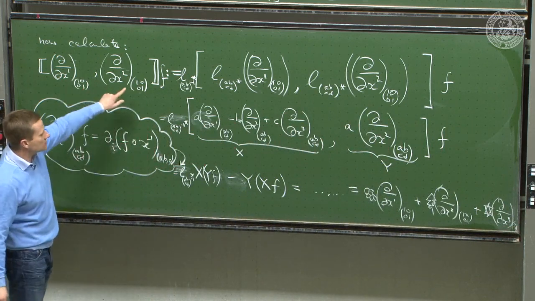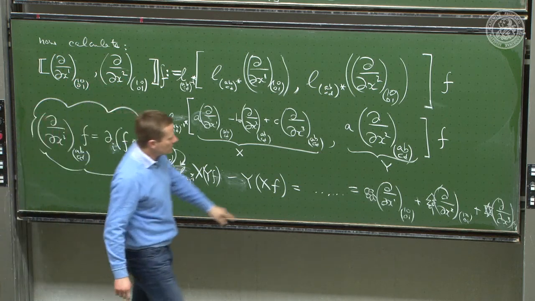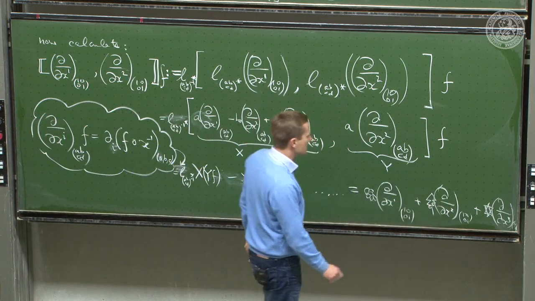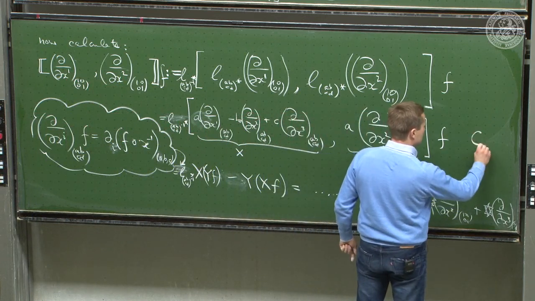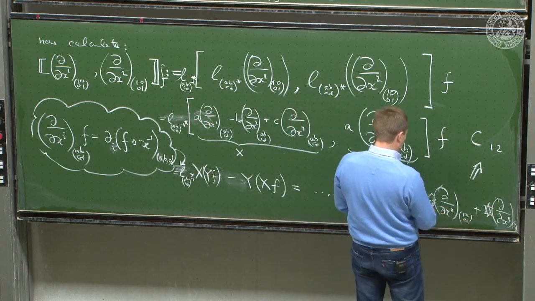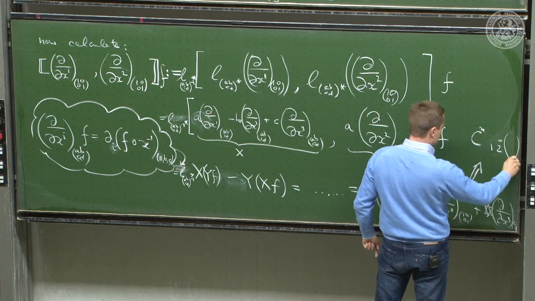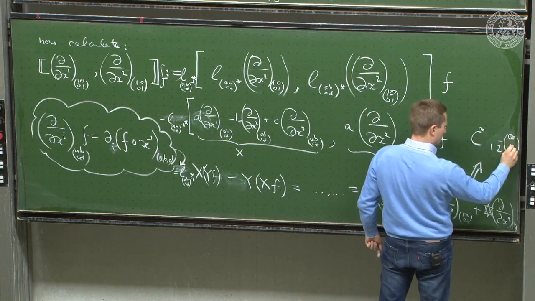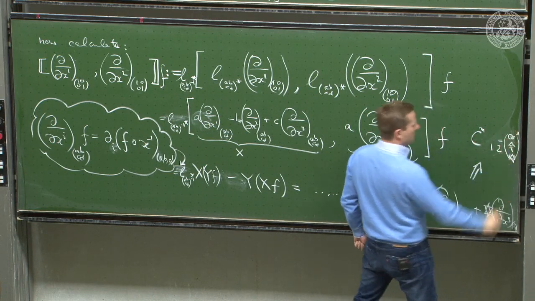Because we did this for 1 and 2, and of course what you read off from these coefficients are the structure coefficients C^m_(1,2), where m labels the component.